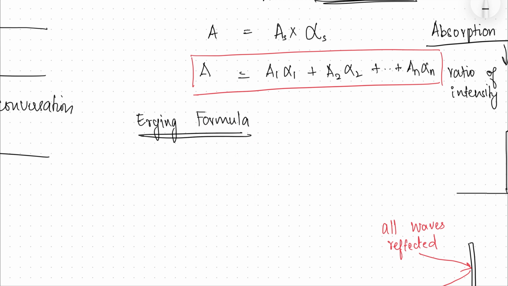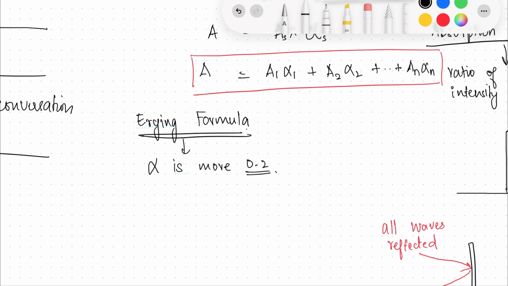Okay, and this is used whenever your absorption coefficient is more than 0.2, and they use this formula because it gives a more accurate RT than Sabine's formula. But do not use this formula until it is specified in the question.